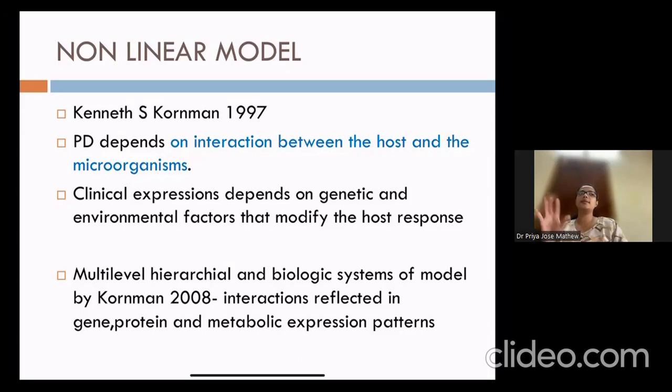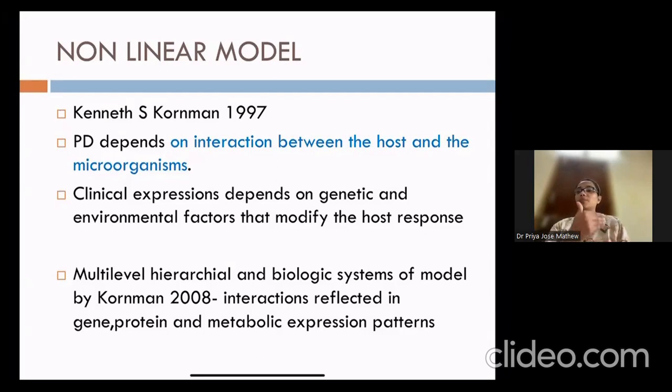Those four boxes are the main presentation of the non-linear model. This is one of the most acceptable models of disease activity, put forward by Kenneth S. Coleman in 1997.